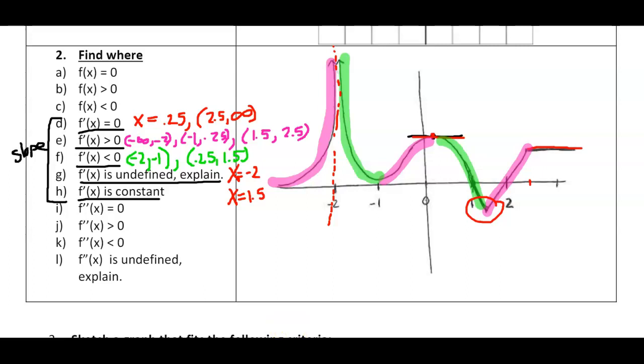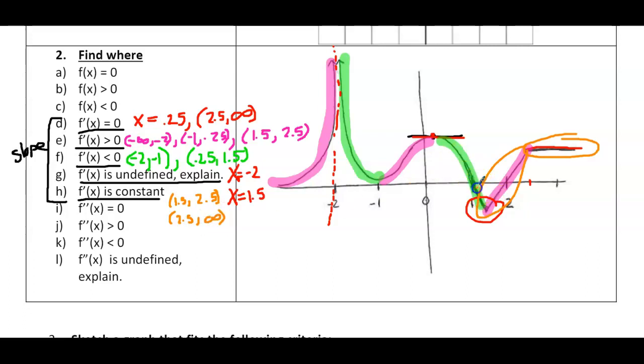So I see a constant slope right here, and I also see a constant slope right here. So we would say from 1.5 to 2.5, and we can also say from 2.5 to infinity.